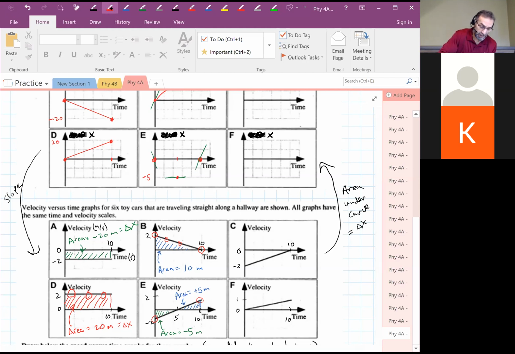So when I go to fill this in, I get something that looks like this. Concave up, it's part of a parabola. Okay, I'll leave the other two for you to do on your own.